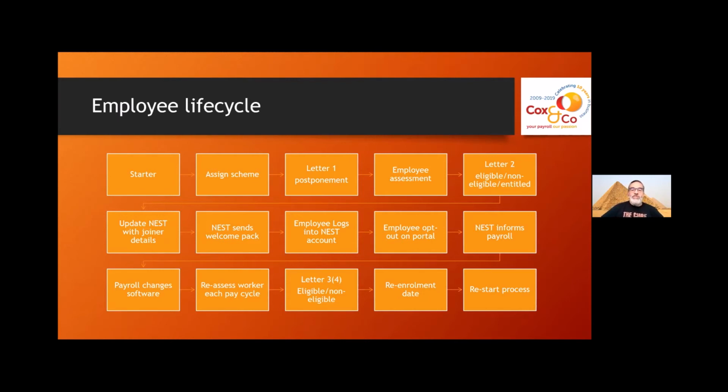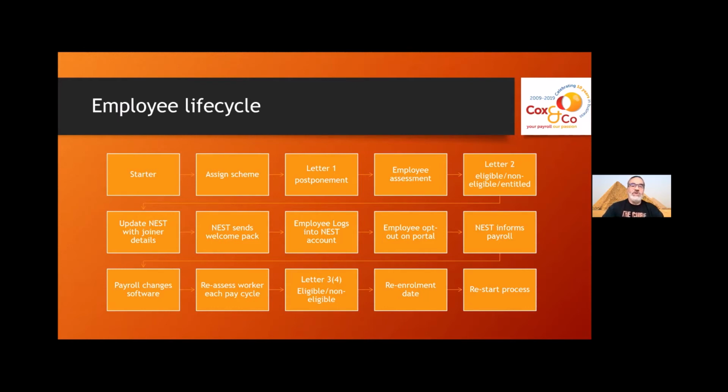Next, depending on whether there's a postponement period in place: what a postponement period does is delay the inevitable assessment of your worker. But in delaying that assessment, you need to tell them, A, that you're delaying the assessment for a workplace pension, and you also need to tell them that if they want to be a member of the scheme, then they can be.